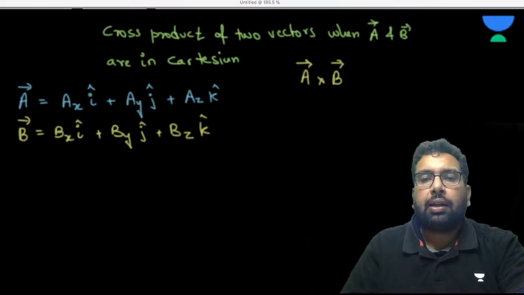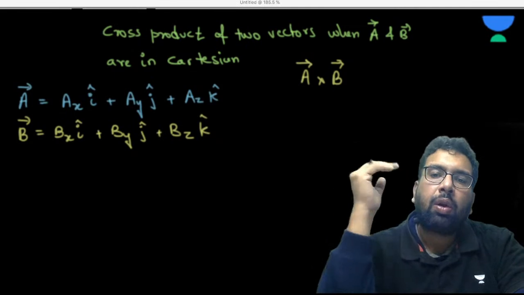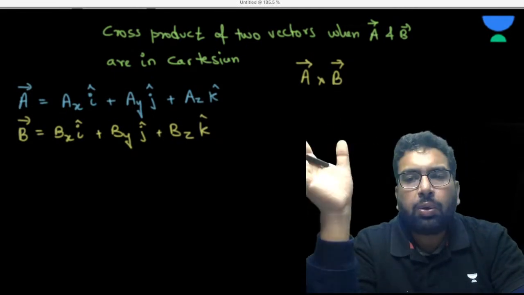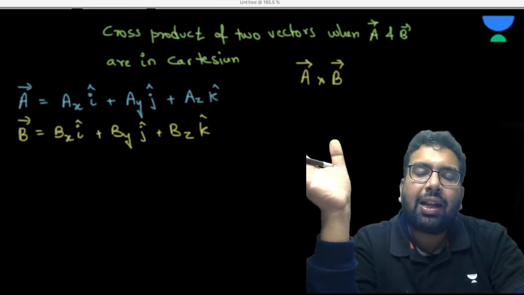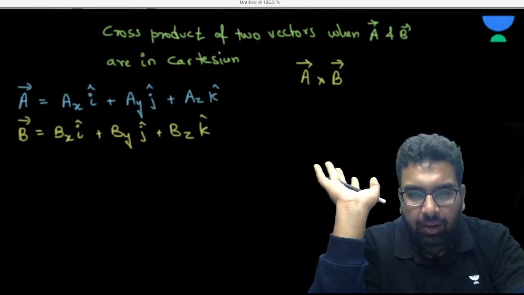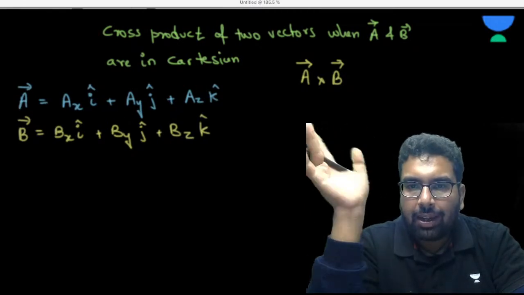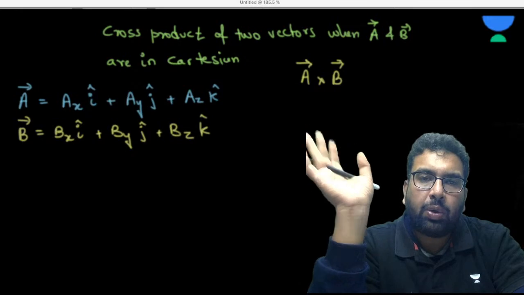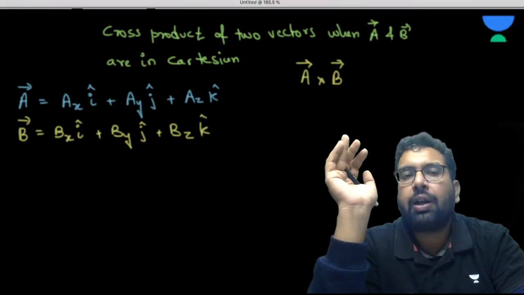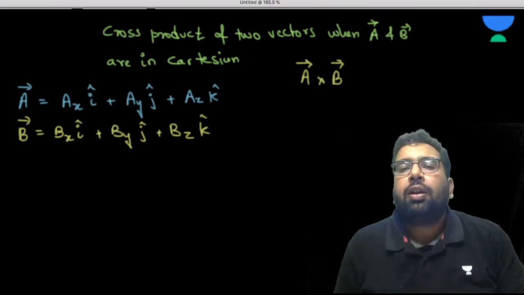Now please understand this. When you are doing the cross product in Cartesian form, you don't need to use the right hand thumb rule, because the final direction will be given by i, j, k itself. So simply, we have A vector cross B vector.